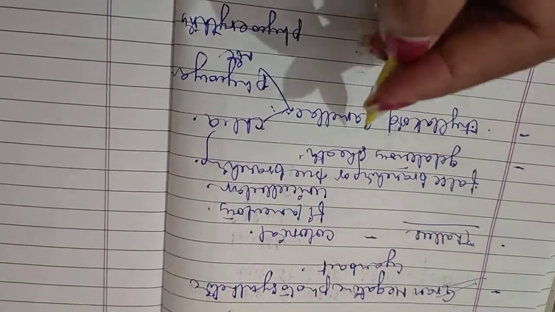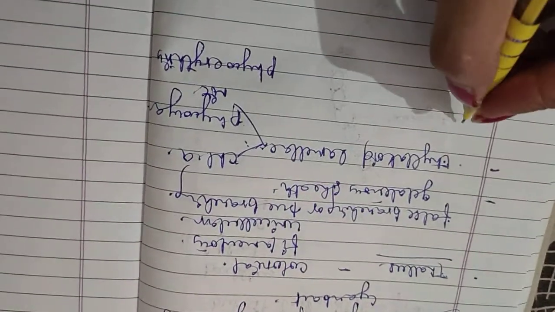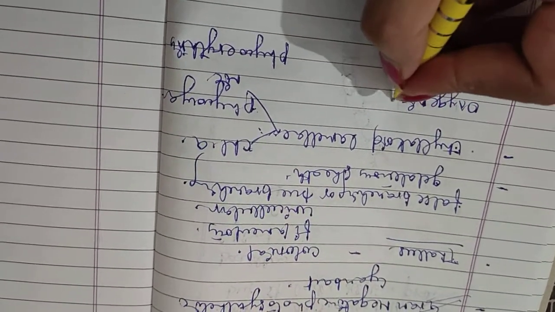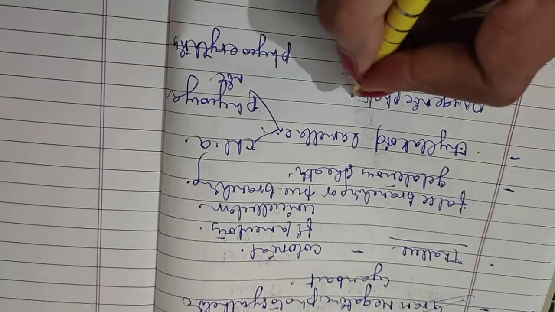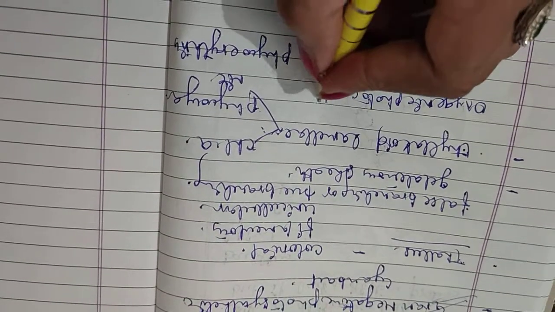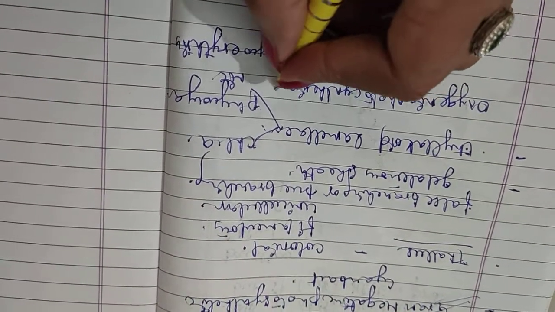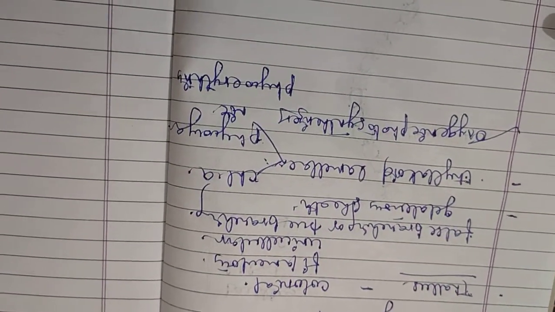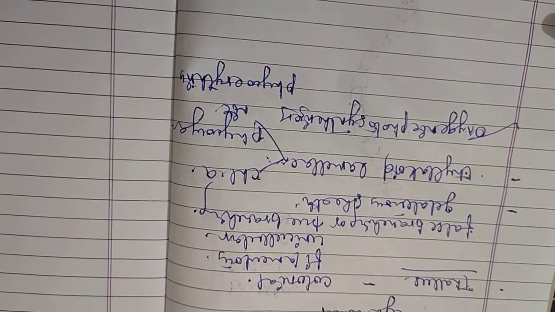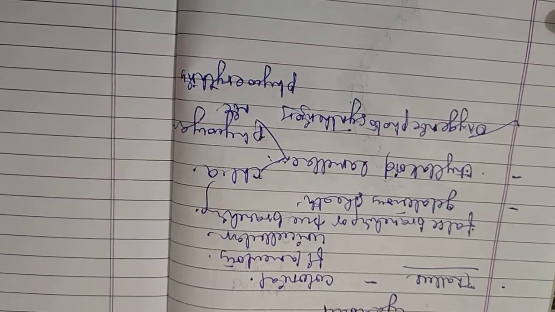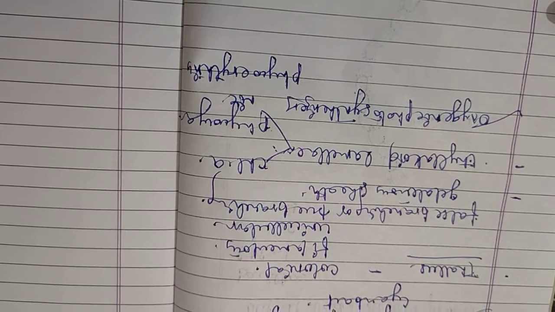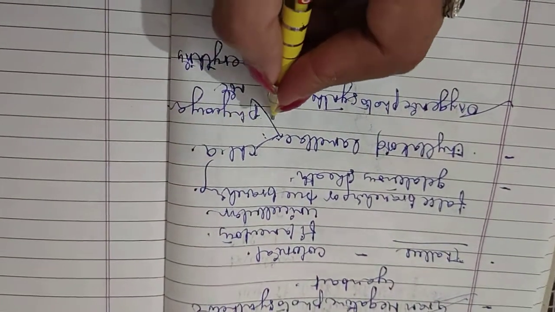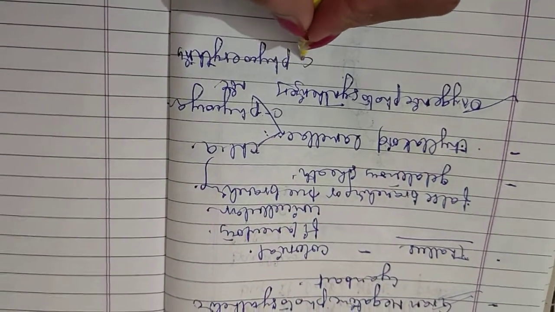So that's why they are known as oxygenic photosynthesizers. They are known as oxygenic photosynthesizers because they have thylakoid lamellae, which have the pigments chlorophyll A, phycocyanin and phycoerythrin, especially C-phycocyanin and C-phycoerythrin.